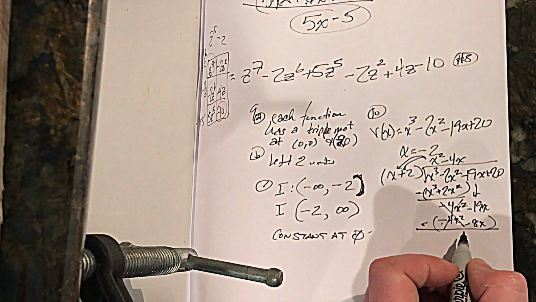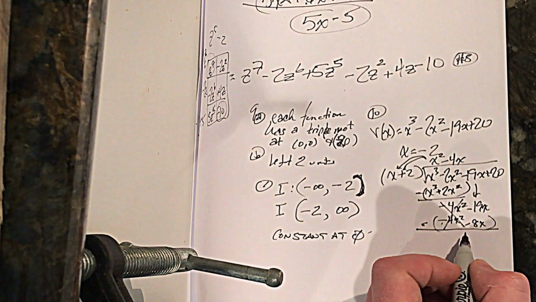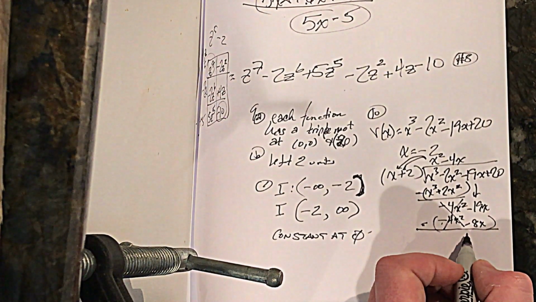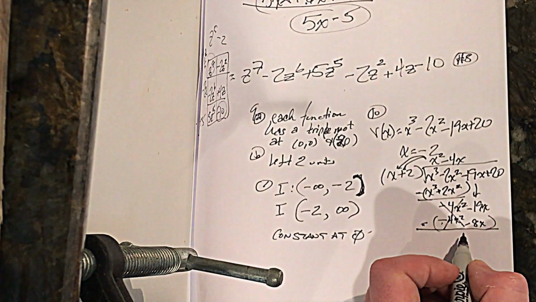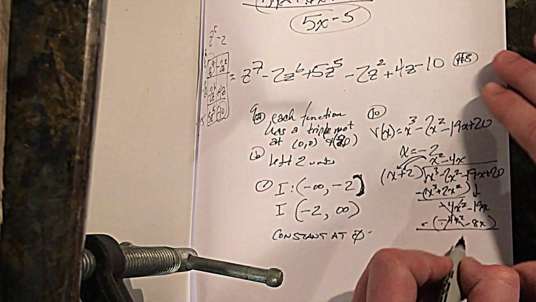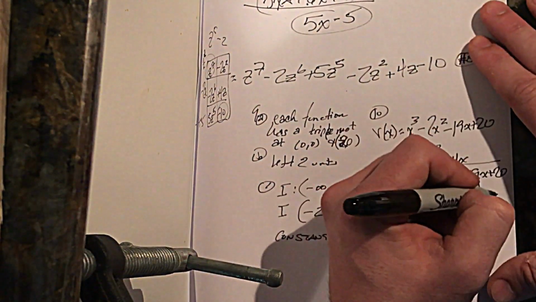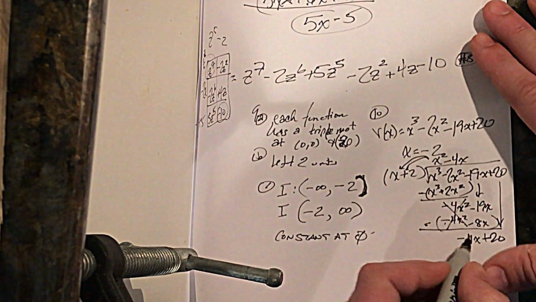So negative 19 plus 8 gives us minus 11. We'll bring down a positive 20, and we're ready to go again.